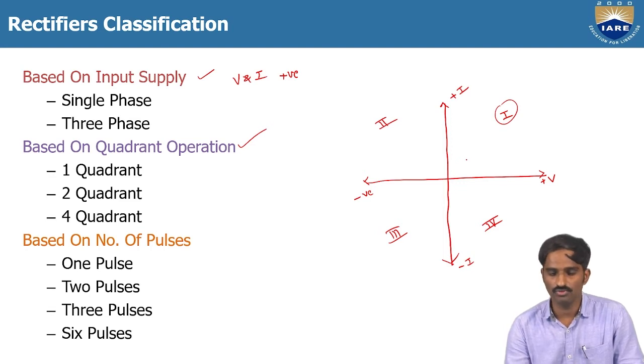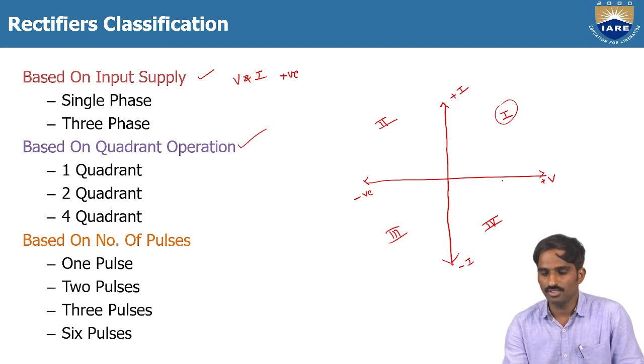And when coming to the four quadrant rectifier, which means the rectifier that we can operate in all four quadrants, the voltage can be positive or negative, and the current can also be positive or negative. If the output voltage and current are both positive, then it will be operated in the first quadrant.